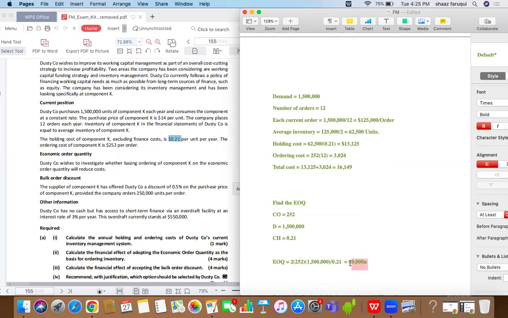Because we're buying fewer units at a time, we will have to place more orders. Can everybody say, if you've understood this part, the number of orders will increase? Yes, just type yes. Last time the number of orders was only 12. But this time the number of orders will increase.